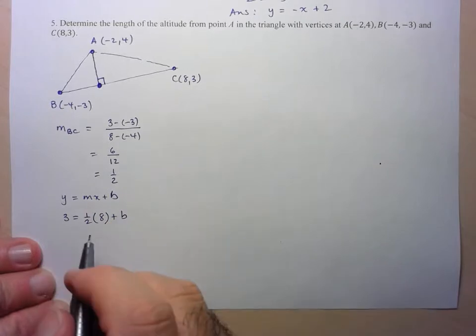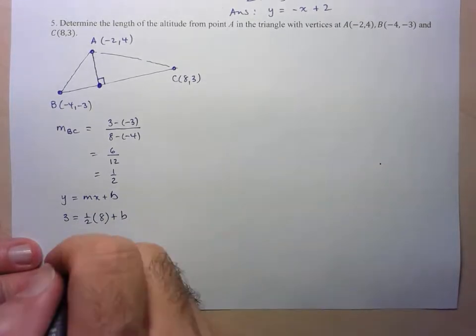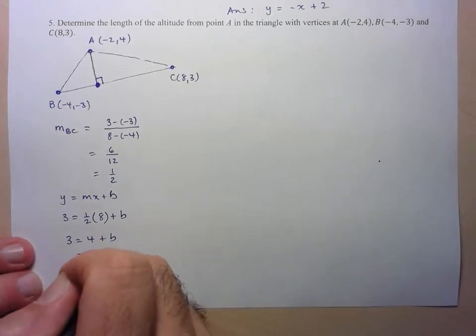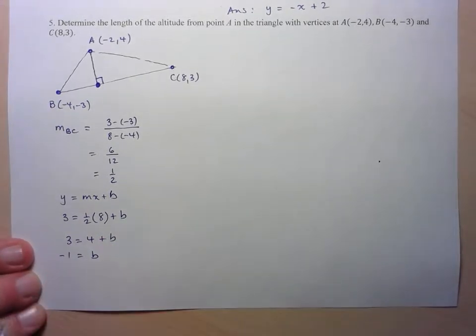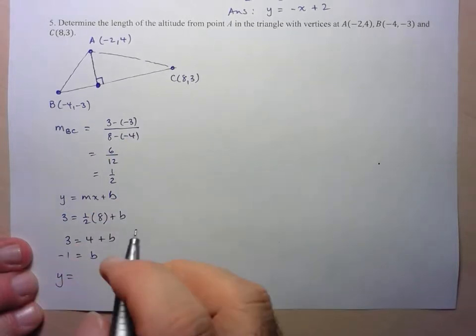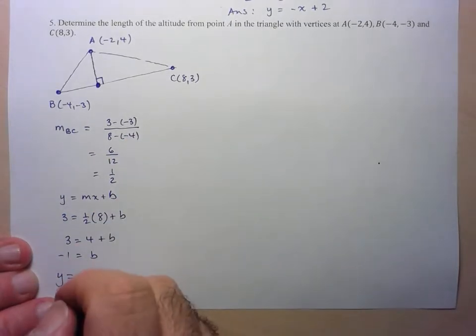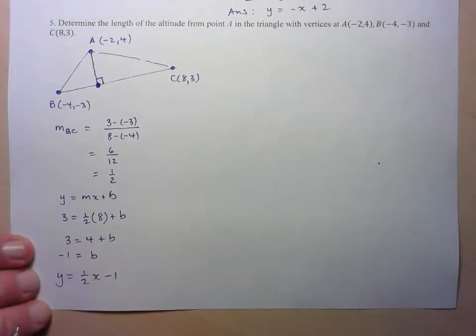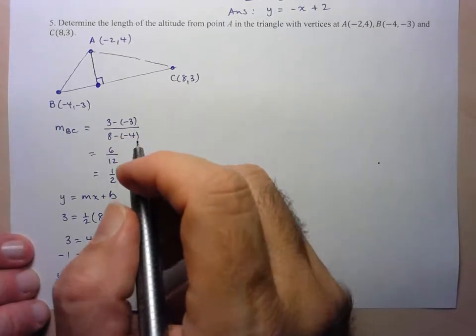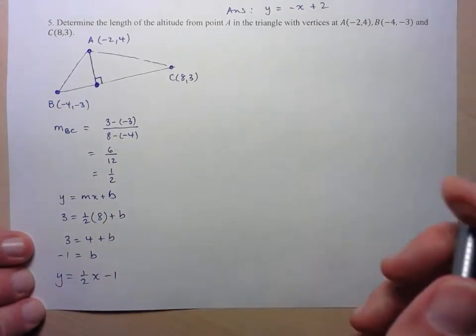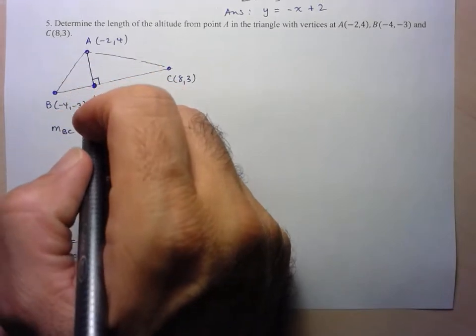This works out quite nicely because 1/2 of 8 is equal to 4. So I solve for b, subtract 4 to the other side, is -1. So the equation of BC is y equals 1/2 x minus 1. Not too bad. Let's now move on to finding the equation of this perpendicular line.